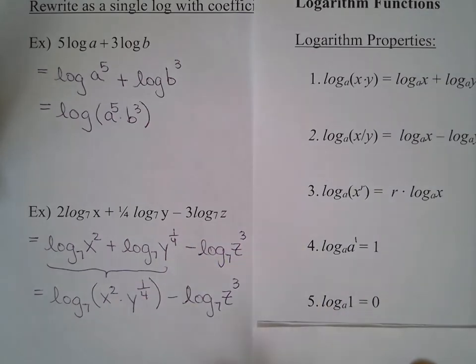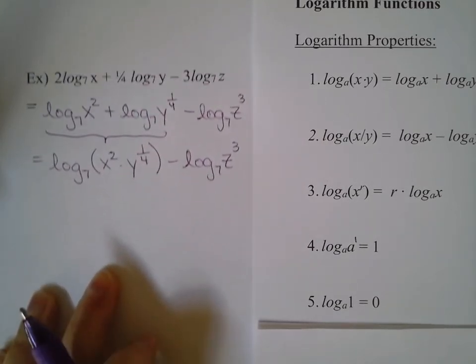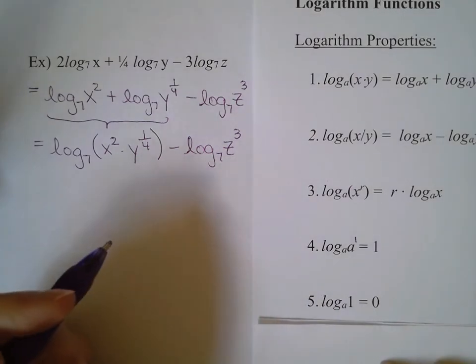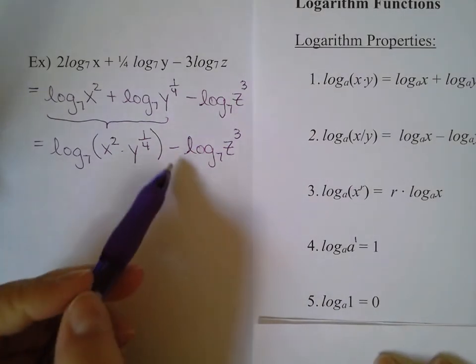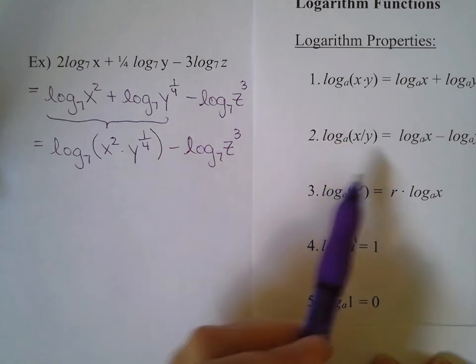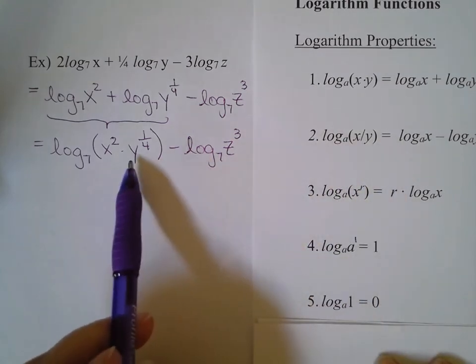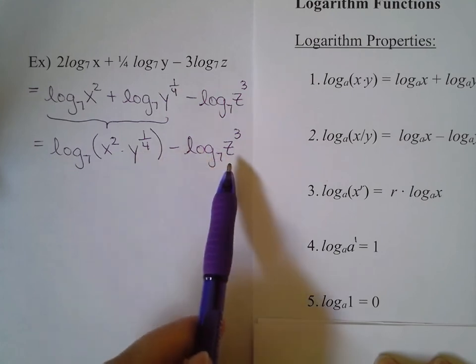Okay, so I combined the first two. Now I can combine the third one. Which property should I use? It is subtracted here, so I'm going to use property number 2, and I'm going to divide what I have here in the parentheses by z cubed.